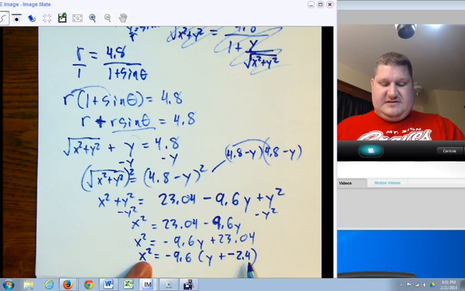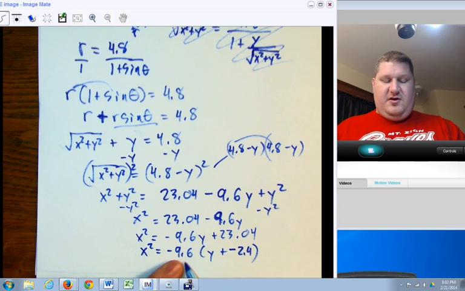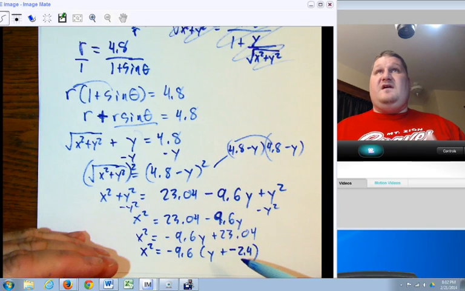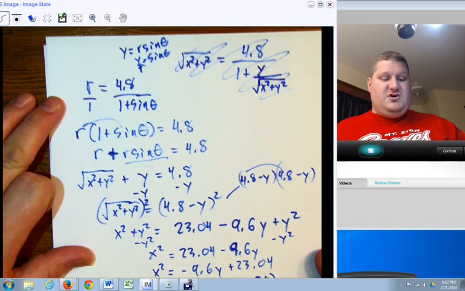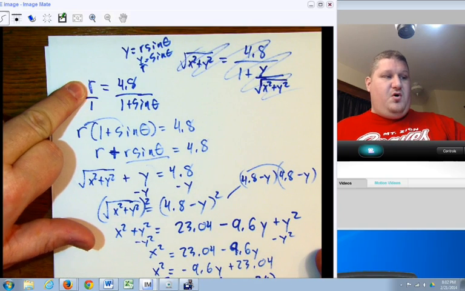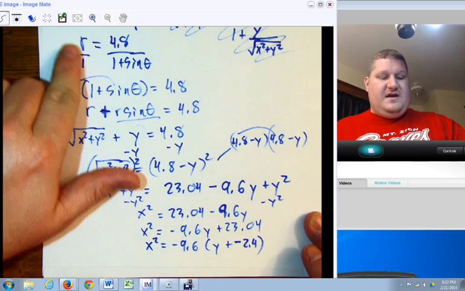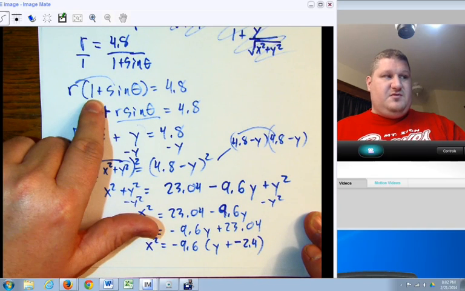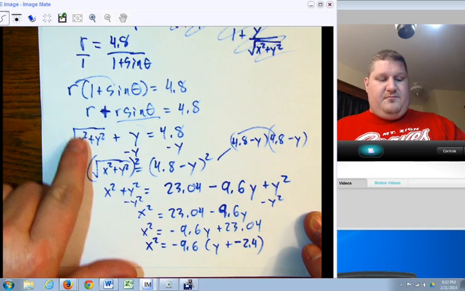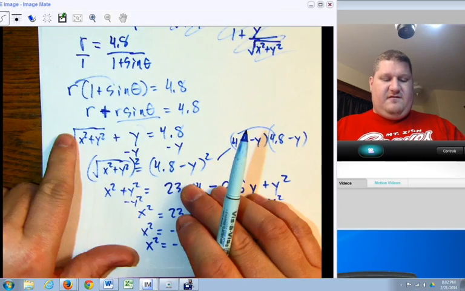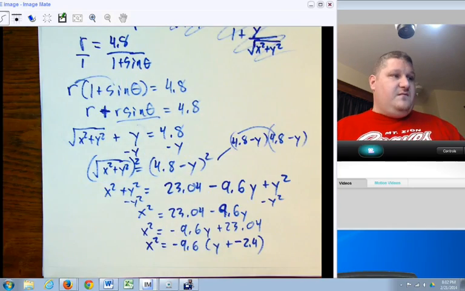Center is at 0, comma negative 2.4. I can find my p-value. I can graph the equation. This is the process that we would go through to change from something that's in polar to something that's in rectangular. Quick review. We got rid of the denominators by cross multiplying. We plugged in what we could from our 4 key formulas, got everything in terms of x's and y's, and simplified it down.